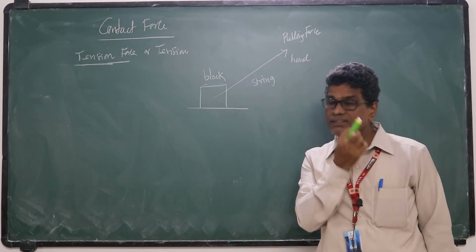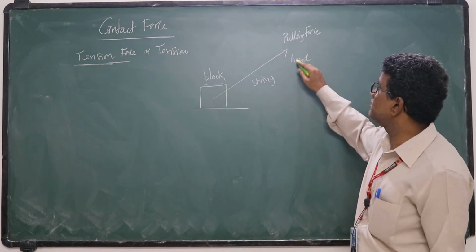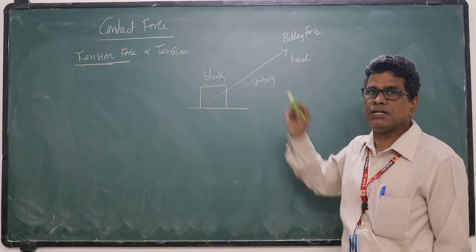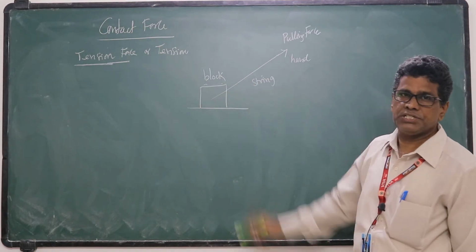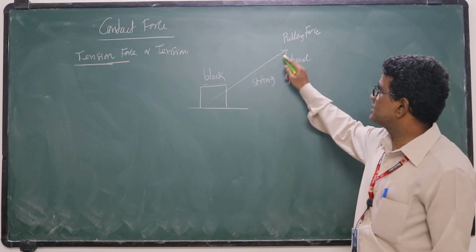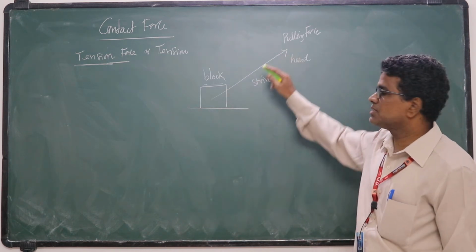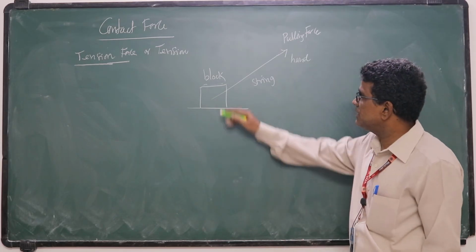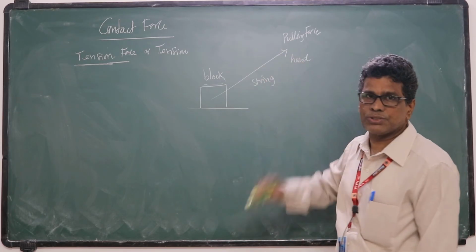There is no tension in the string. Once you start pulling the string, the string becomes tight, so tension arises in the string. Such forces in the string are called tension forces. So this tension is always a pulling force.